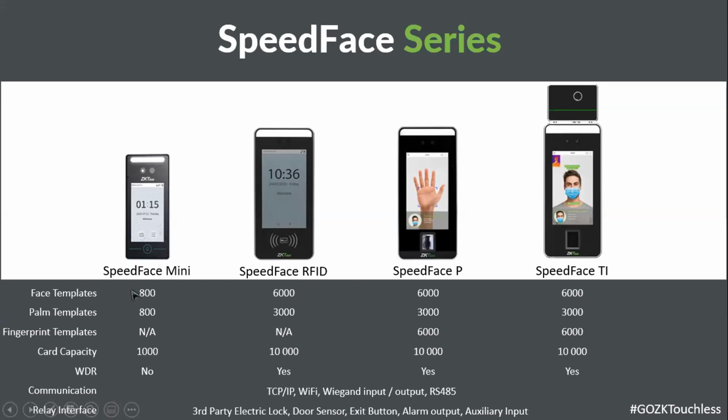In terms of capacity, its facial templates will be fewer than the other SpeedFace series, because it can be used in a small business. For a bigger scale of business, you can focus on the SpeedFace RFID, the Palm, and the TI.